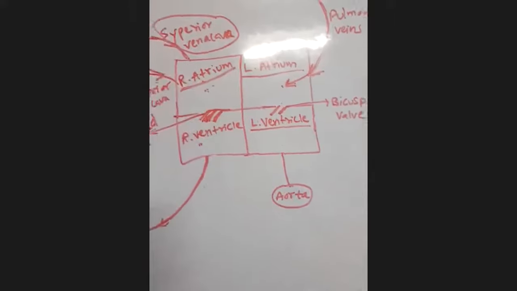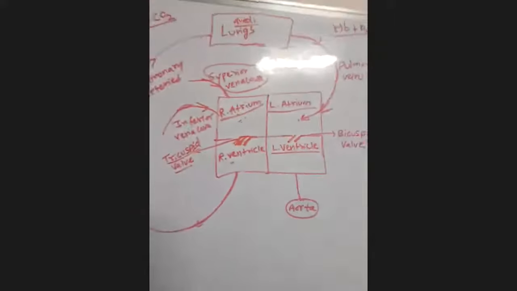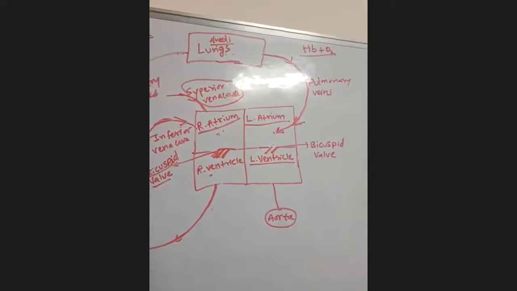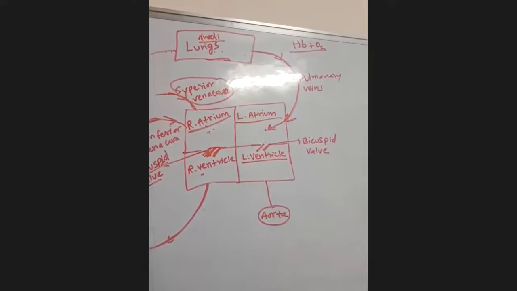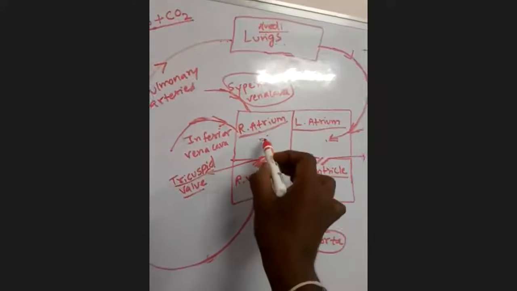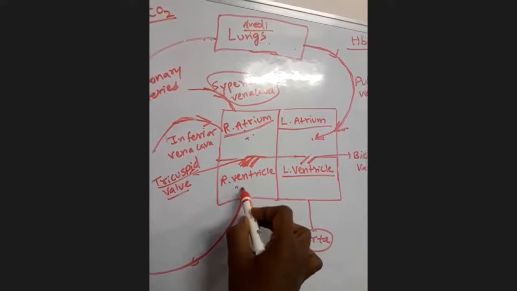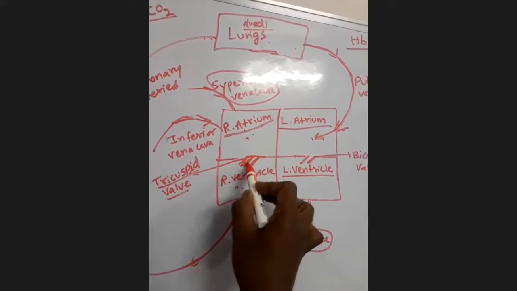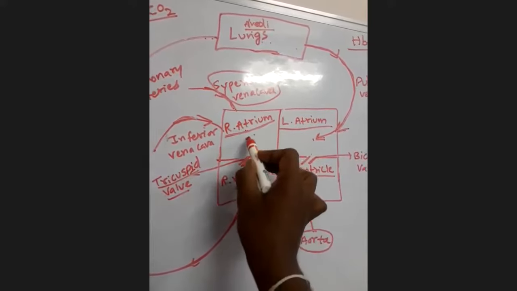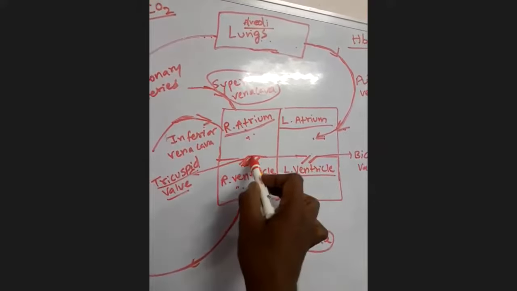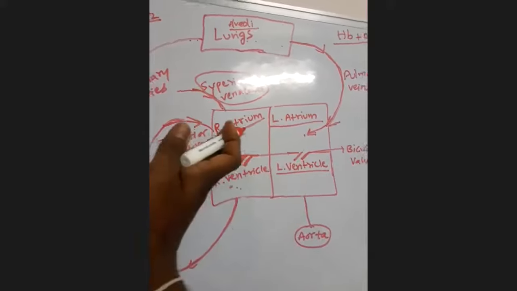Now, you have to remember that blood will flow only in one direction. Here, the blood coming from the right atrium to the right ventricle passes through the tricuspid valve. Once the blood is emptied from the right atrium to the right ventricle, this tricuspid valve will be closed.